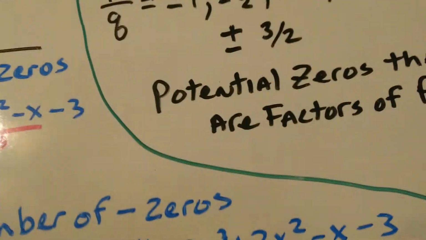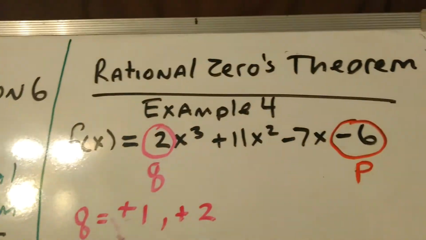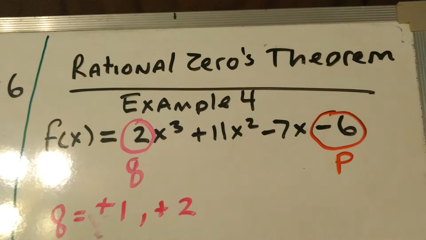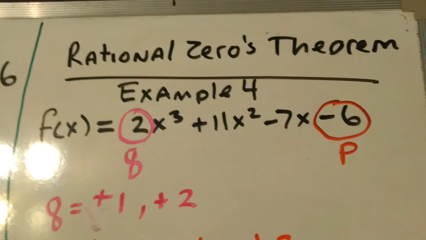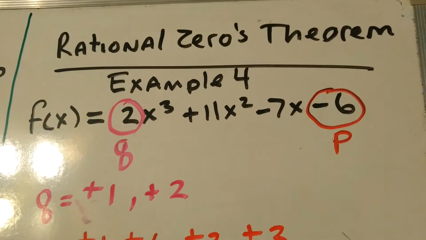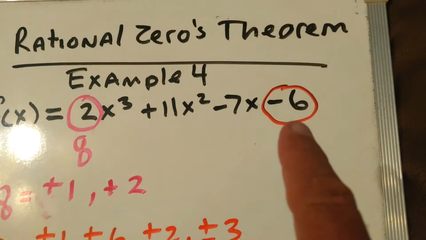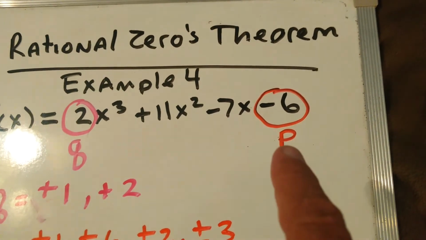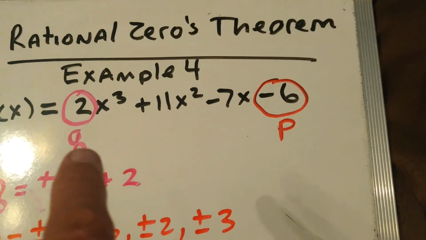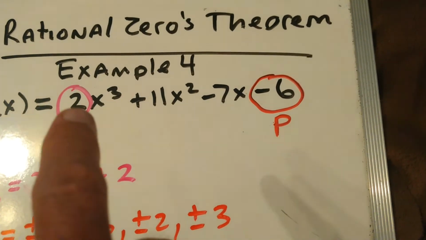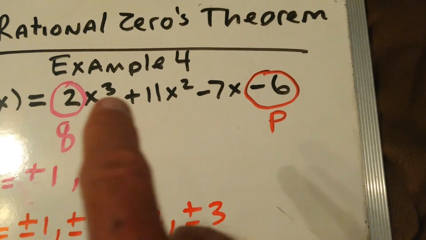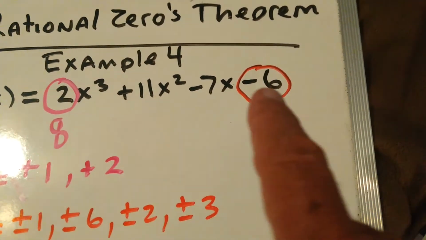The last theorem that we have is called the rational zeros theorem. And this is example 4. This is where you find your p's and your q's. The p's are always the factors of the constant in a polynomial. The q's are always the factors of the coefficient of the leading term. And this must be in perfect descending order.